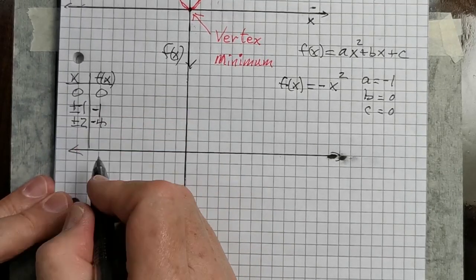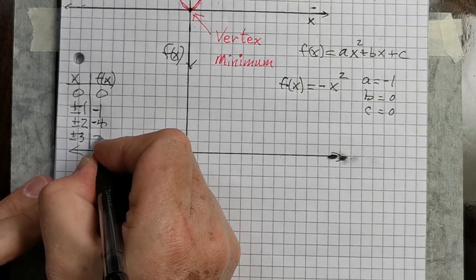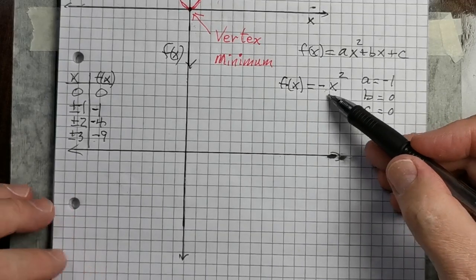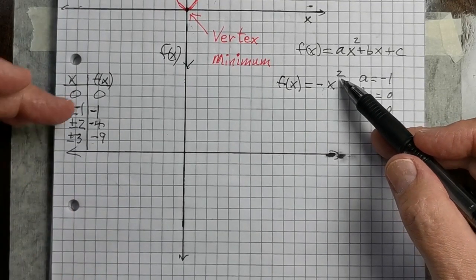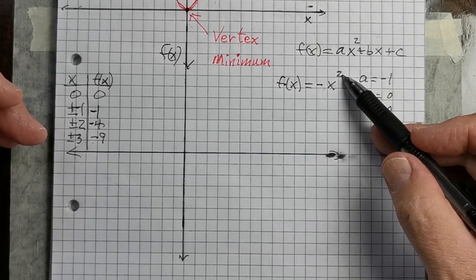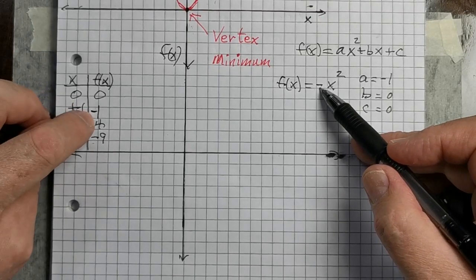Plus or minus 2, we get out -4. And plus or minus 3, we get out -9. Why are these negatives? Because there's a minus sign in front of the x squared right there. It's minus x squared. So, plus or minus 1, 1 squared is 1. -1 squared is also 1, but there's the minus in front to change it back to -1.